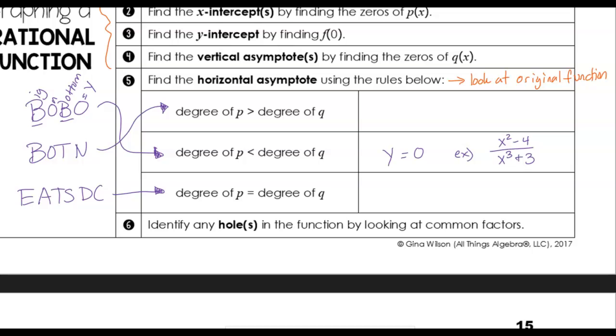The numerator's leading term exponent is a 2. The denominator's leading term exponent is a 3. We have a bigger exponent on the bottom. Your asymptote is y equals 0.